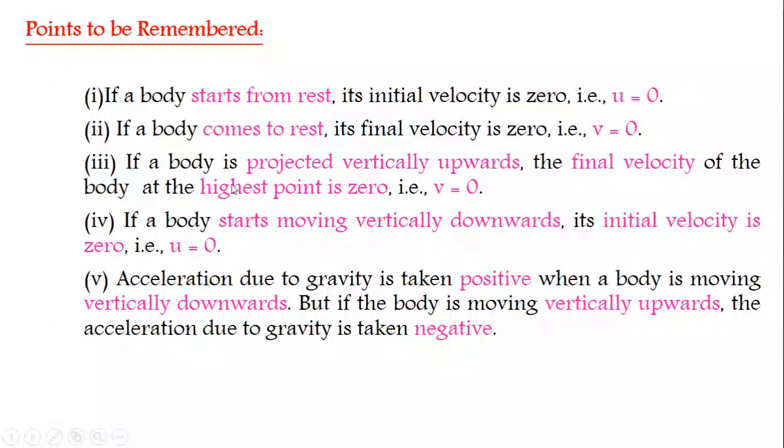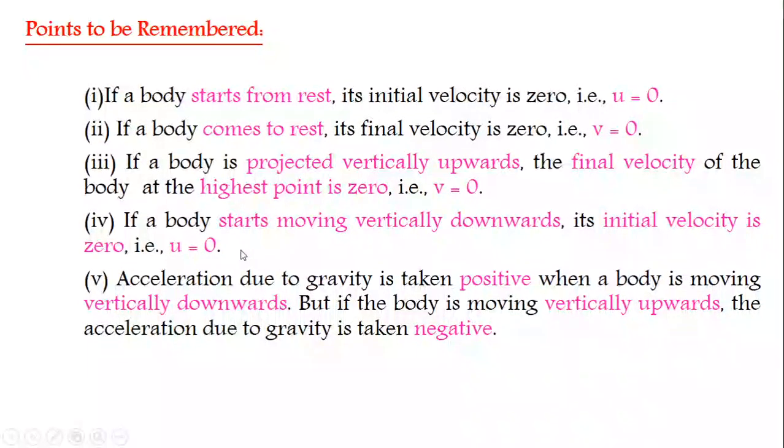If the body is projected vertically upward, the final velocity of the body at the highest point is 0. That means v equal to 0.